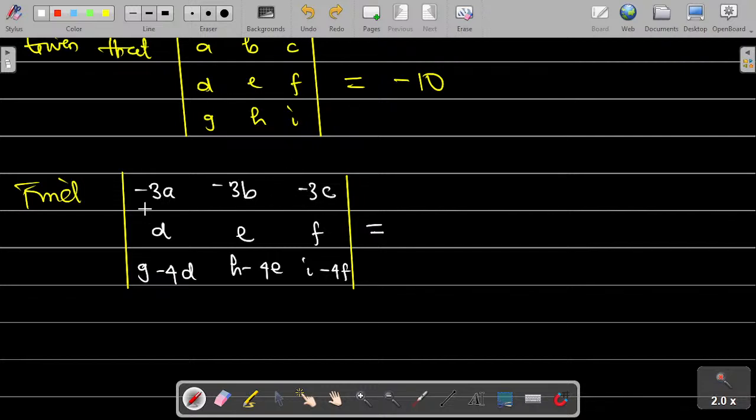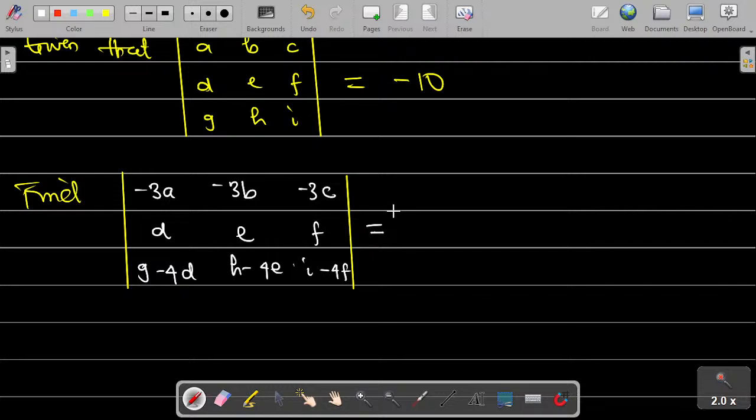First of all, you can see that minus 3 is a multiple of the first row. So what do you think is possible here? If I bring out that minus 3, how is it going to look?